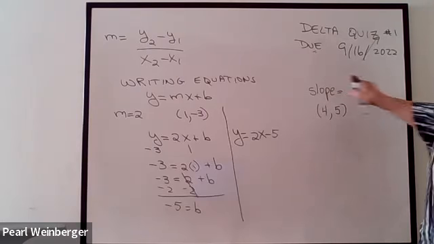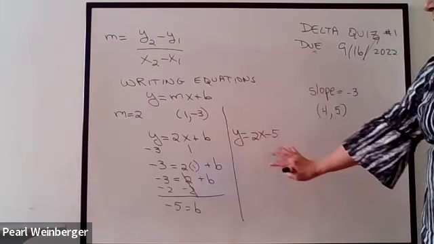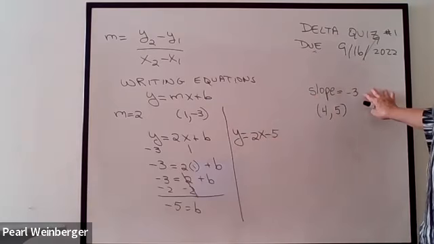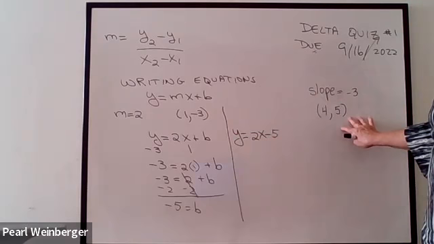Just like we had this, I'm going to leave this on the board so you can follow it. I'm giving you the slope, I'm giving you a point. Can you write the equation of the line?